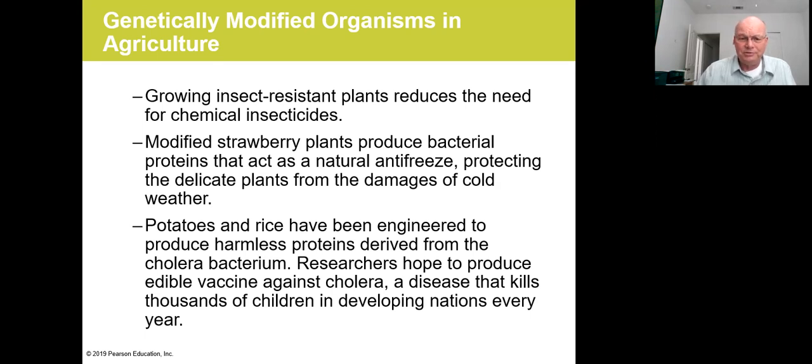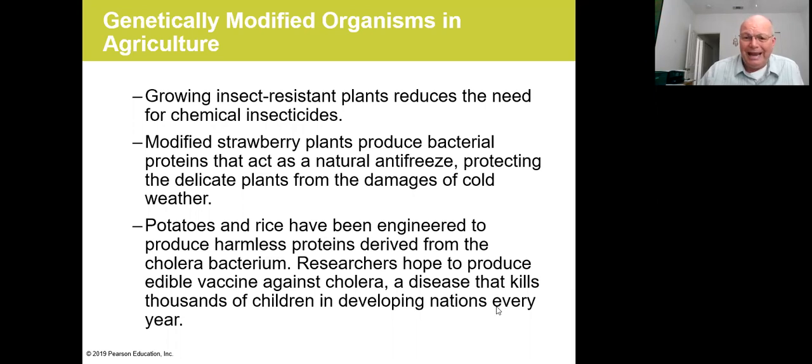And incorporating this cholera protein, the bacterial protein, into potatoes and rice means that people naturally, by eating just potatoes and rice, which they're going to do all the time, expose their immune system to this protein.